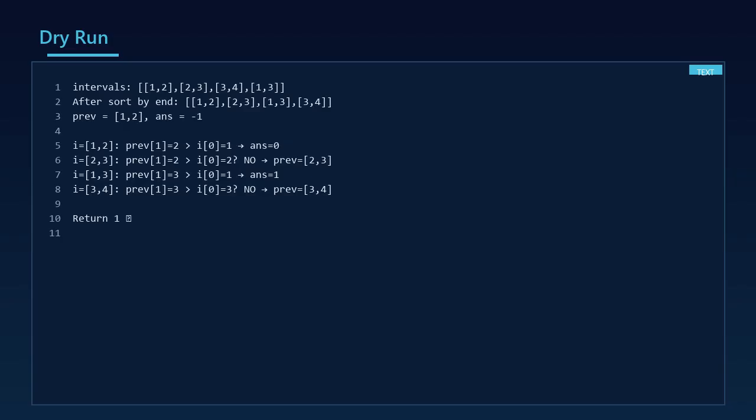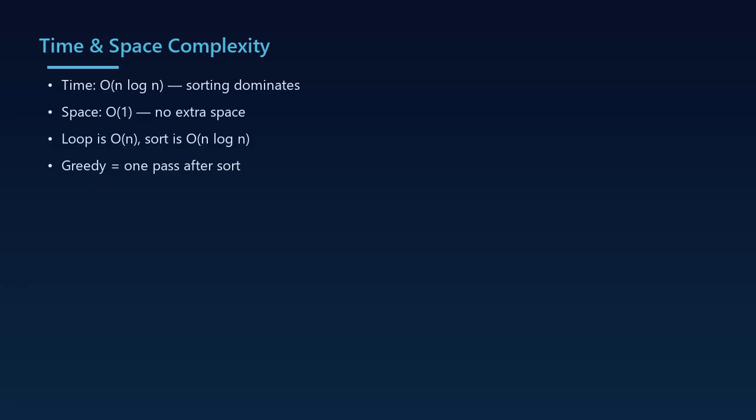No overlap. Previous becomes 2 to 3. Next 1 to 3. Previous end 3, start 1. Greater. Overlap. Answer becomes 1. Previous stays 2 to 3. Next 3 to 4. Previous end 3, start 3. Not greater. No overlap. Previous becomes 3 to 4. Return 1. Correct.